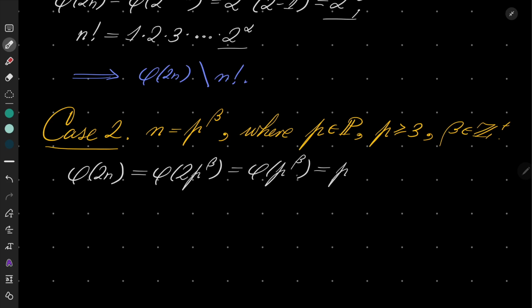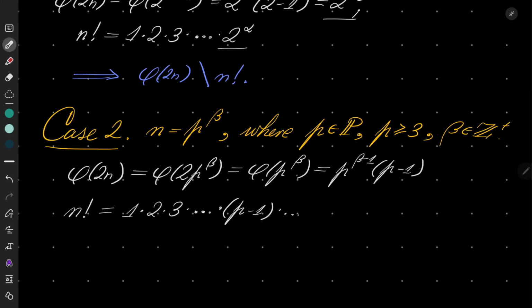Well, it's p to the power of beta minus 1 times p minus 1. Very well. And what is n factorial? N factorial is 1 times 2 times 3, and so on. Along the way, we will encounter p minus 1, and finally, in the end, we will encounter p to the power of beta.